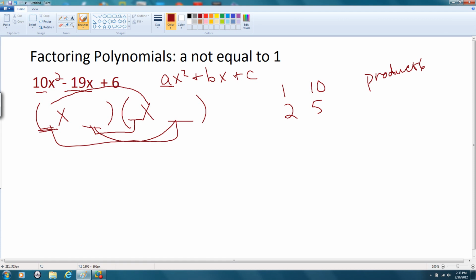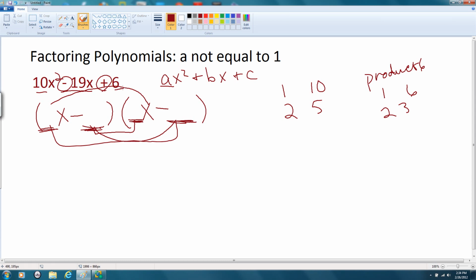It depends on this term also, and not just these terms. So over here it could be 1 or 6 or 2 or 3. And we also know that this is a plus sign here, but this is a negative sign here. So we know that these two things are both going to be negative, because that's the only way we're going to get a positive here and a negative here.